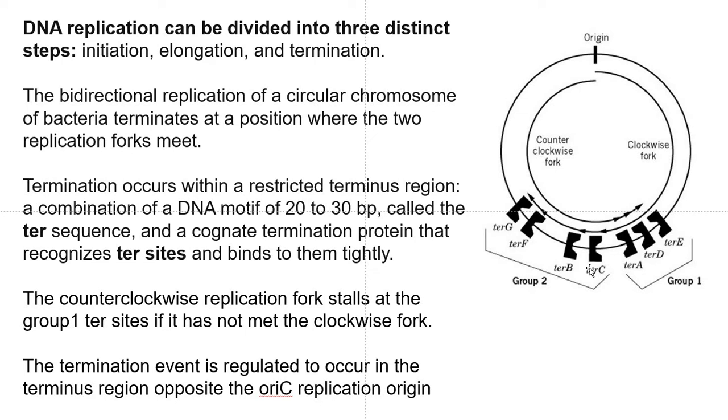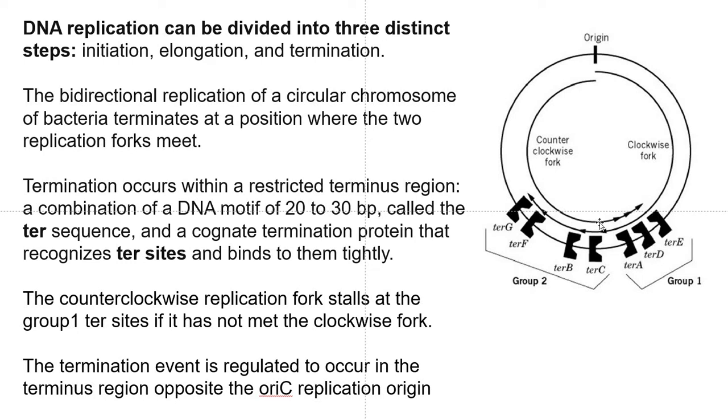Termination happens at specific sequences called ter sequences, or termination sequences. There are two different sets of termination sequences, group 1 and group 2. These ter sequences are a combination of a DNA motif, which is about 20 to 30 base pairs, and they also have a cognate termination protein that recognizes these ter sites, called the TUS protein. This TUS protein binds to these ter sequences and will not allow the fork to pass through.